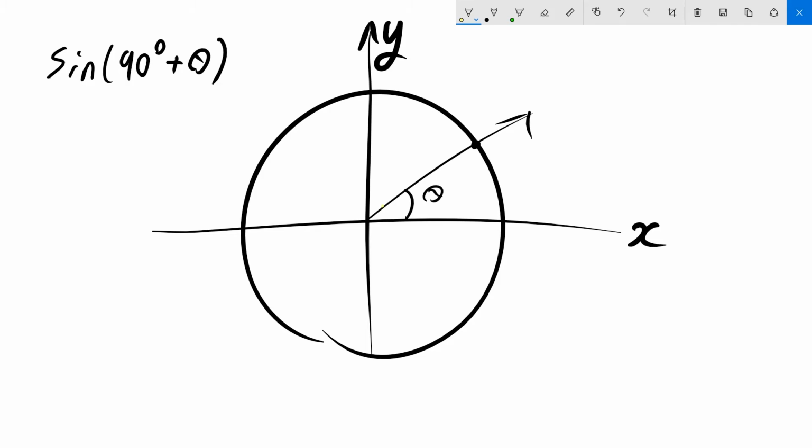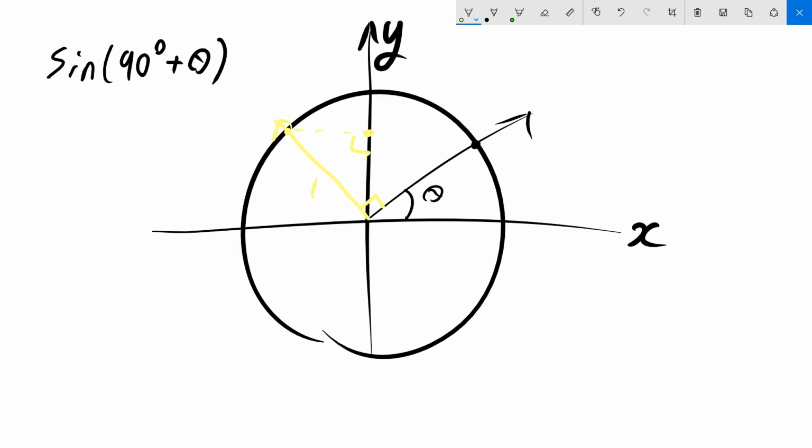So 90 degrees, so we want an angle that's 90 degrees, straight as possible, off it goes. And if we want the sine of this new angle, well, we know it has to be the y coordinate. So if it's going to be the y coordinate, we want this value here. So how are we going to find this? Well, again, we can use the unit circle to help us.